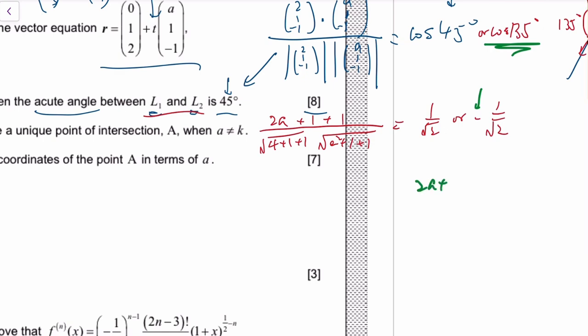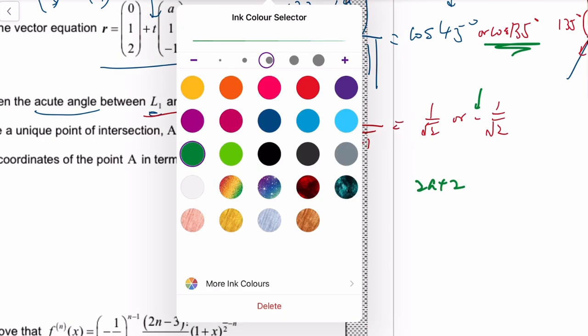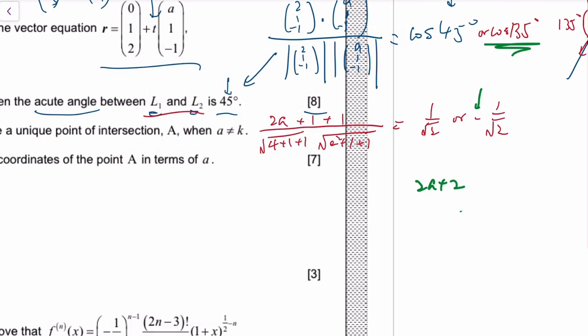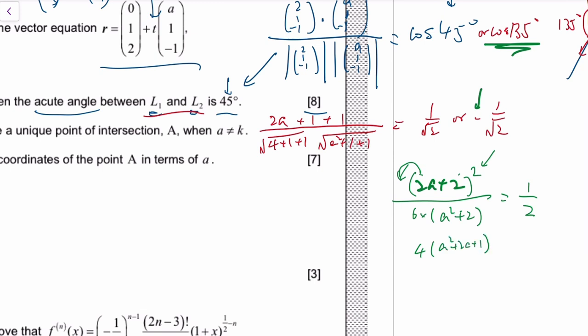So we have 2a plus 2 squared over, when you square, the square roots are gone, so 6 times a squared plus 2, equals 1 over 2. Here we can factor the 2 out, but remember when you factor out you have to square it, so it's 4, then a plus 1 squared, so a squared plus 2a plus 1 equals 1 over 2, 6.